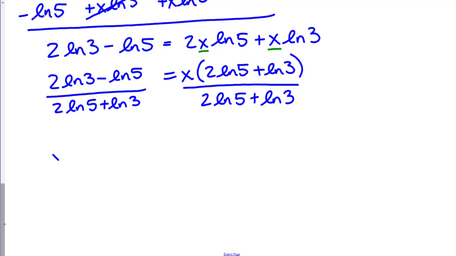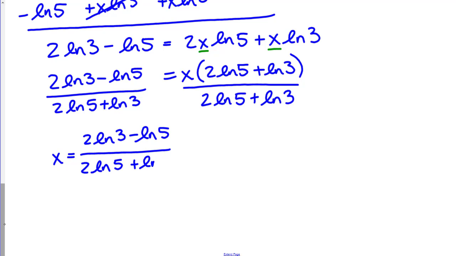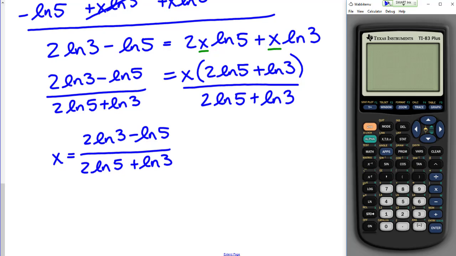So that means x is equal to 2 natural log 3 minus natural log 5 divided by 2 natural log 5 plus the natural log of 3. Algebraically, that wasn't a short process, but it really wasn't a difficult process, because in the end, it's really all just solving linear equations.